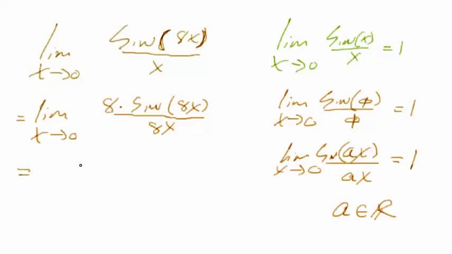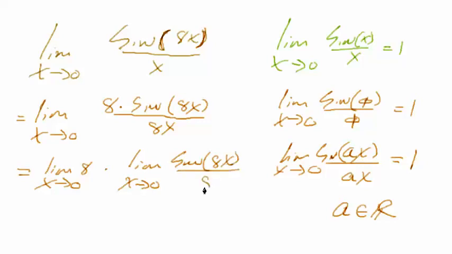But what we can do now is break this up: the limit of 8 times the limit as x approaches 0 of sine of 8x over 8x. See that?